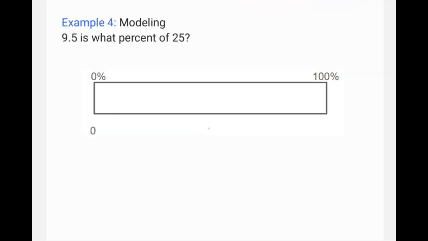Example 4 is asking us the question 9.5 is what percent of 25? So again, our same setup for the bar. We have 0% on the top to 100%, 0 and our whole is 25. And so now we have to decide how we're going to divide this up evenly. We'll probably divide it up by 5 because that's going to go in evenly 5 times. 1, 2, 3, 4, 5.